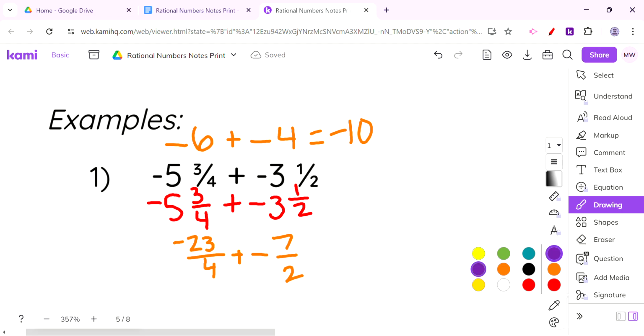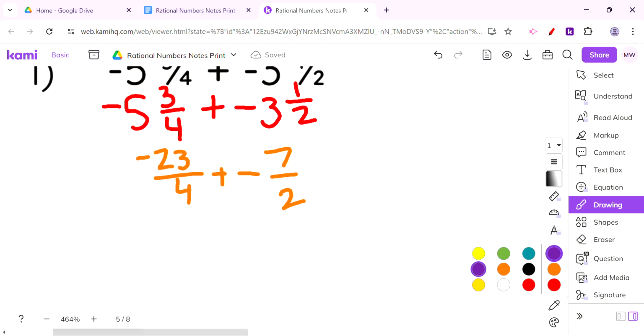All right, next we are going to find our common denominator. So between 4 and 2, the least common denominator is actually 4. If by chance you don't see that right away, then multiply your denominators to come up with a common denominator. Doesn't necessarily have to be the least, but that's just one way to come up with a common denominator. So if you wanted to use 8 as your common denominator, that's fine too. I am going to use 4 though, since it's the least common denominator.